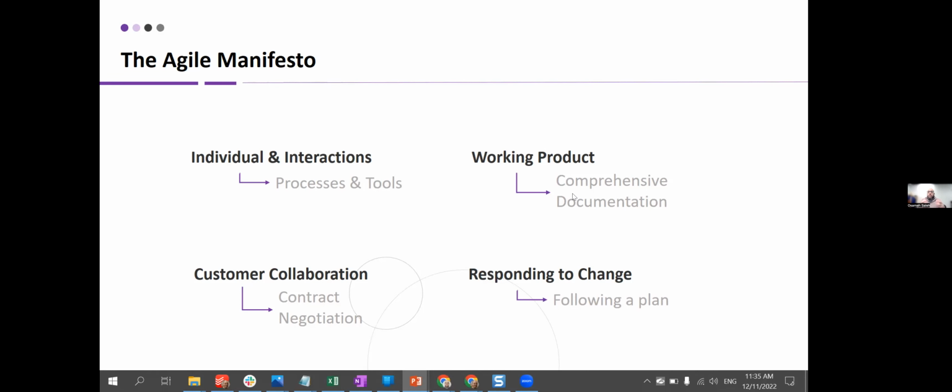And so in the software development world, a lot of teams started experimenting with lightweight methods. They said, let's come together as a team and focus on the software we're building. And as they're doing it, they're experimenting with their own processes.